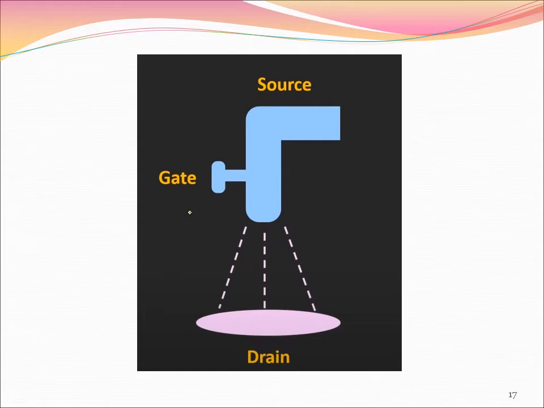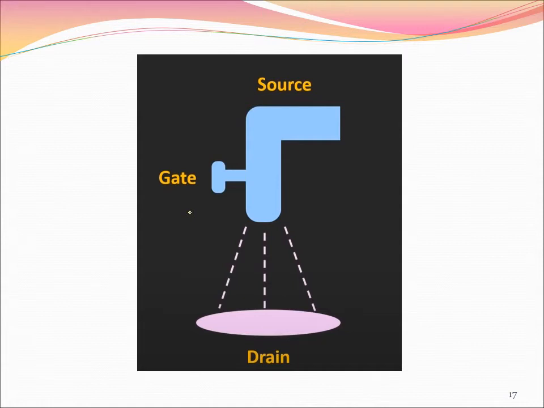Well, this is a perfect analogy to understand the FET device, because just understand that here water is flowing from source to drain, and there is another terminal. Normally in a water tap, you have that control to manage the flow of water. The same is the case here. Just consider this is an FET device.